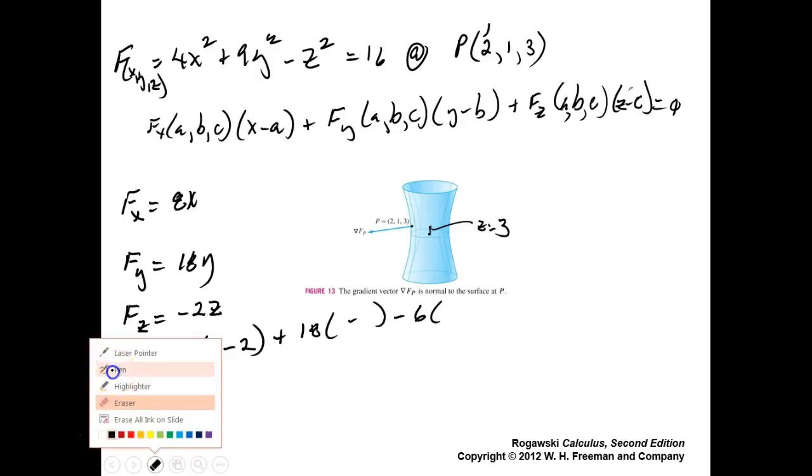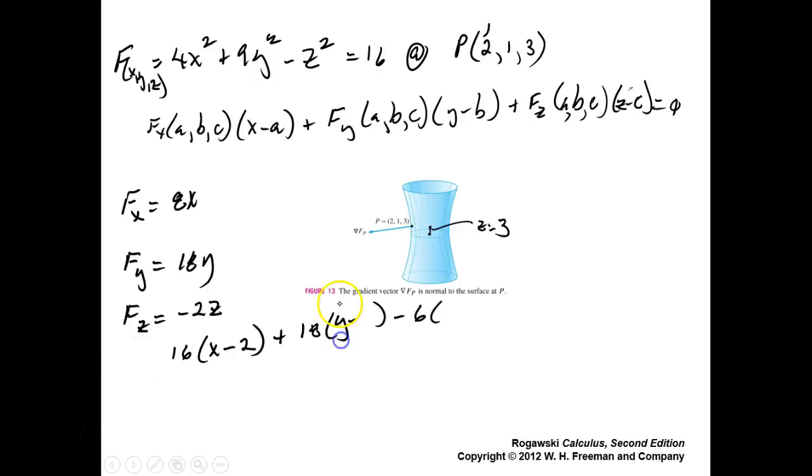Minus 6 times (z minus 3), and that's equal to 0. There's your equation of the tangent plane.